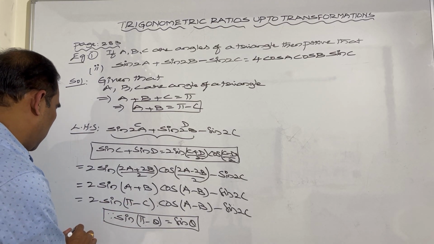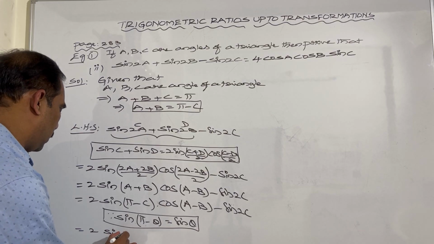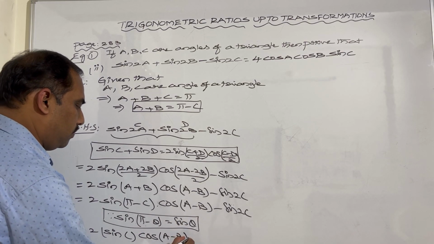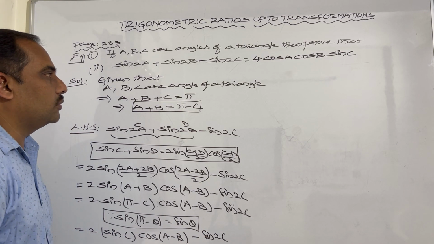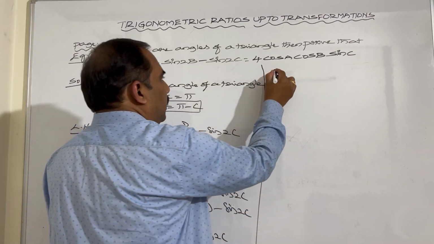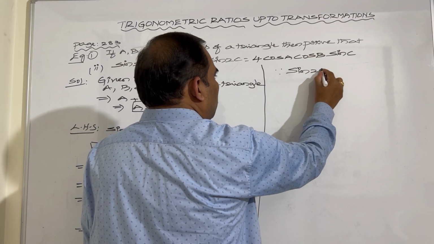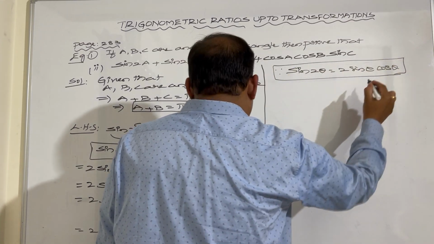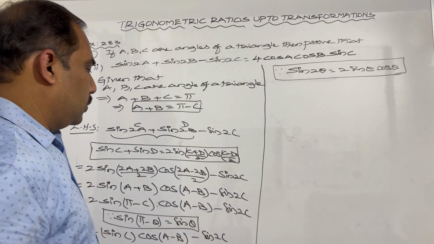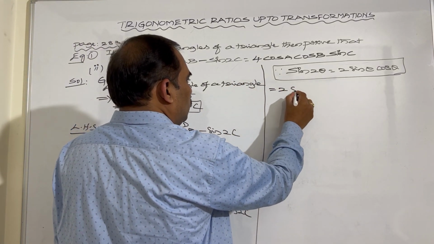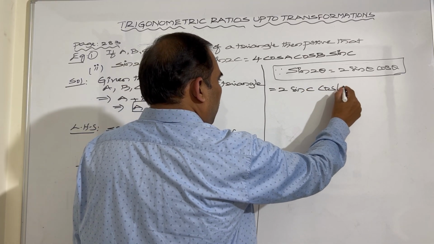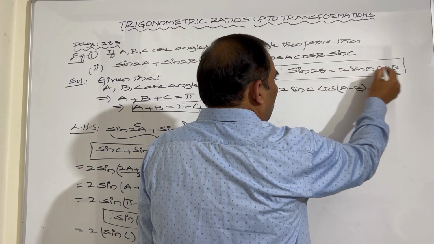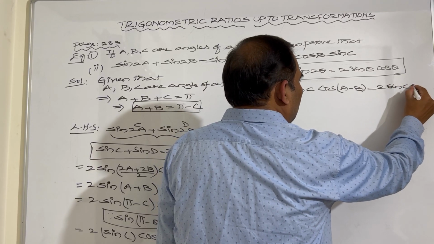In the same way, 2 sin (180 minus C) is also sin C, so we have 2 sin C into cos of (A minus B) minus sin 2C. Now we have the standard formula sin 2 theta is equal to 2 sin theta cos theta. So the last term, sin 2C, we can also write using that formula as 2 sin C cos C.